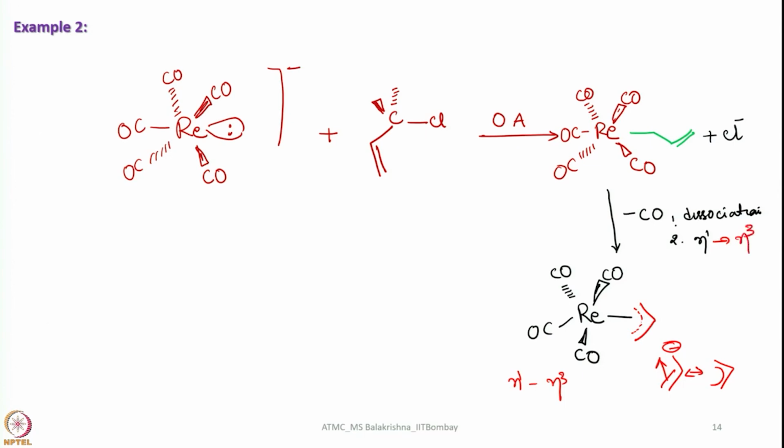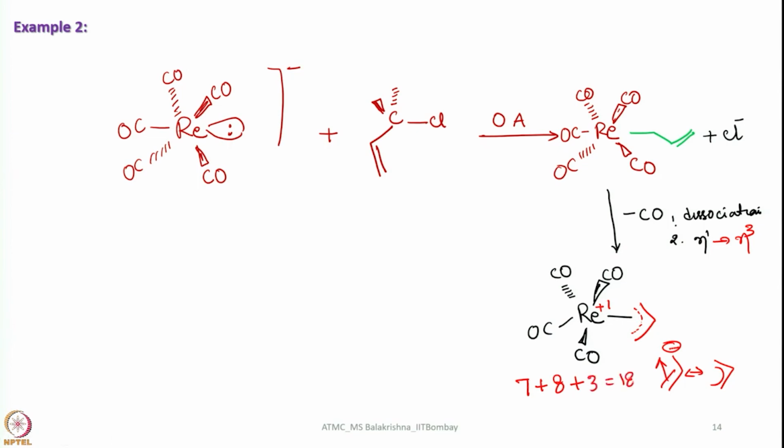So, now if we do the electron count for this one, rhenium is in +1 state, and now it is an 18 electron species. We can count. If you go with the neutral method, rhenium has 7, plus we have here 8 electrons, plus this is a 3 electron donor now, because this double bond gives 2 electrons and this one gives 1 in the neutral method, donor 3.